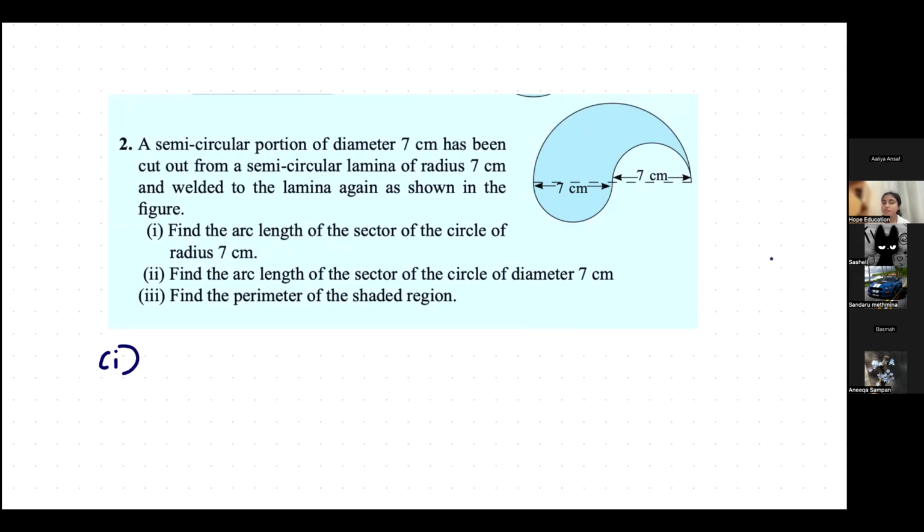First of all, before I even find it, tell me your answers. What did you all get for that? What is arc length? 22 centimeters.